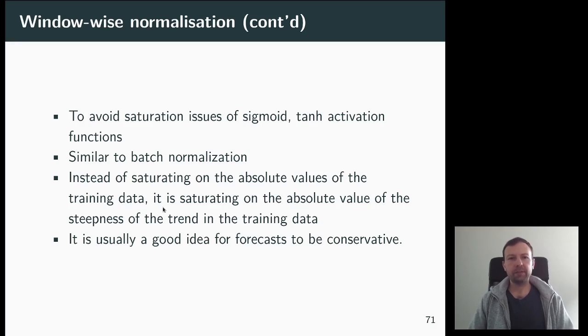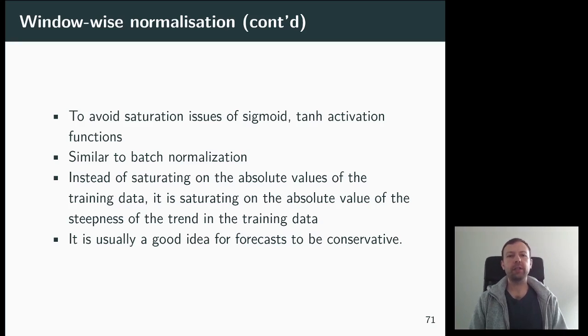So this is actually a quite nice method to avoid saturation issues of the sigmoid and tanh activation functions, as we've seen before in the example. It can be seen as similar to batch normalization because you normalize each window by itself.